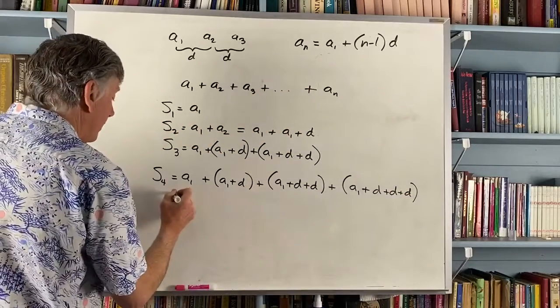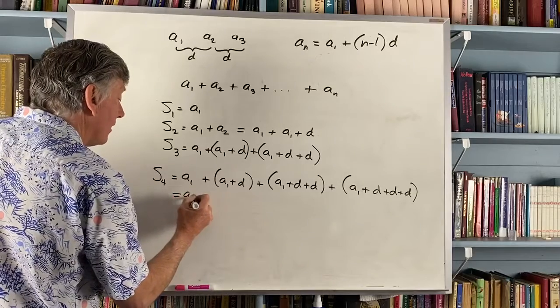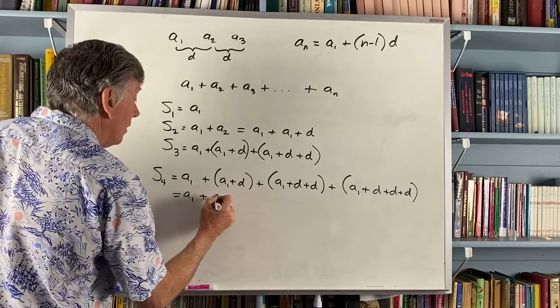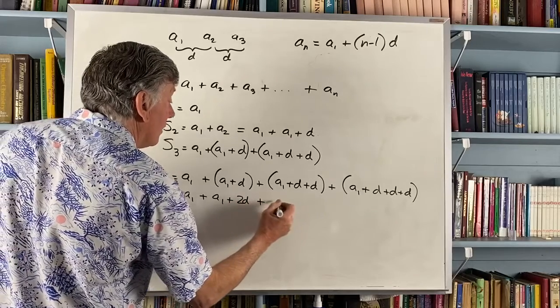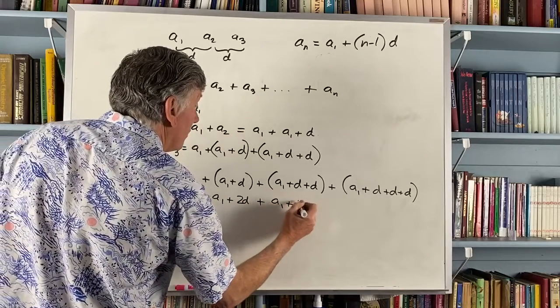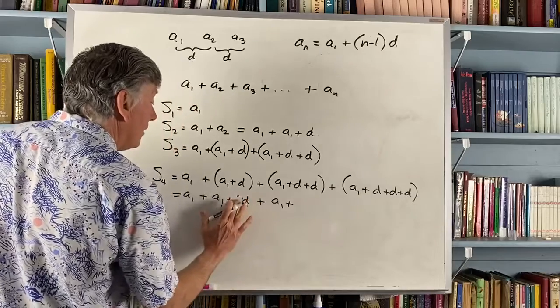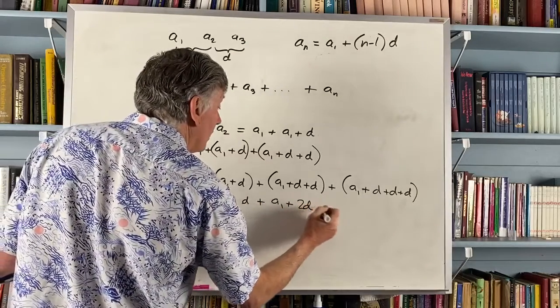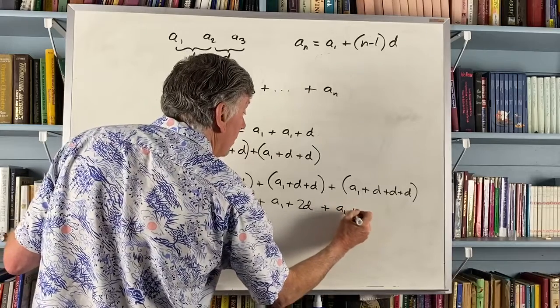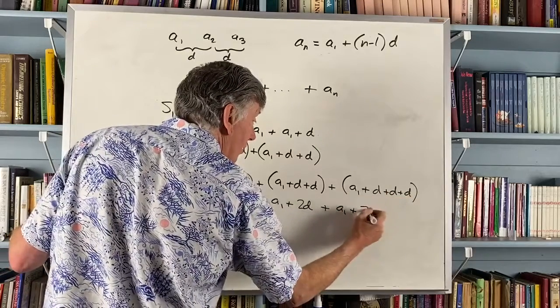I can write all that, now I can see a pattern. I see a1, oh, and this is a1 plus 2d. I'm sorry, this is a1 plus d. Sorry to mess you up. a1 plus 2d, and then a1 plus 3d.